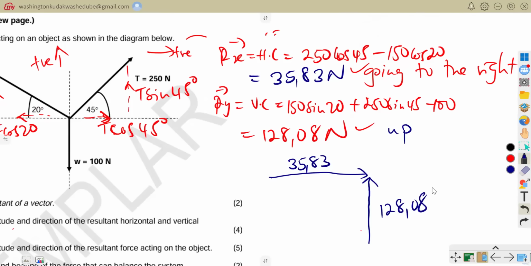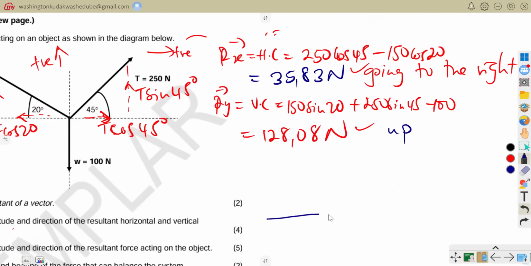So I would have to draw my diagram in such a way that we can use head to tail to find the resultant. This one is going that side, and this one is going that side, and then our resultant would be in this format, where this is theta.